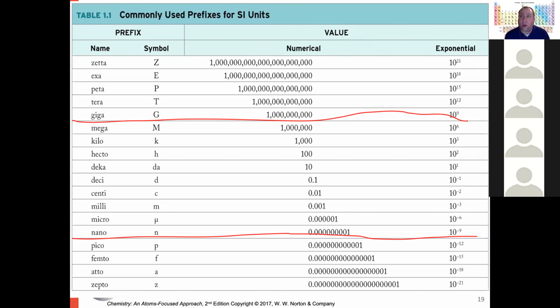I see it quite often where students use a table like this to try to do calculations, and they end up making mistakes because they misinterpret what it means and do things like saying that there are 1 million megameters in a meter, or 10 to the negative 9th nanometers in a meter. And that's not what this is saying. It's the opposite. So just kind of keep that in mind as we start looking at some of the units and conversions.